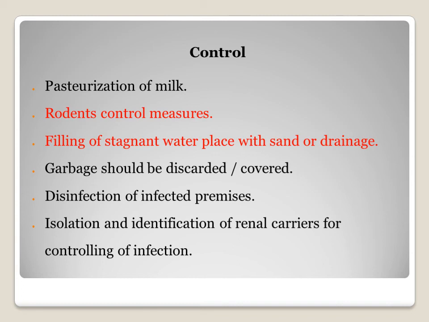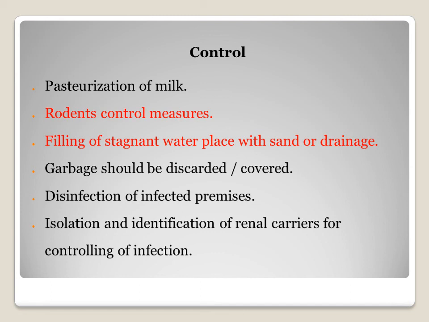You know that Leptospira proliferates in stagnant water. When the water is stagnant, they multiply like anything, and stagnant water gets the infection from the rodent also. So fill stagnant water places with sand, or provide drainage to stagnant water and make the land dry.